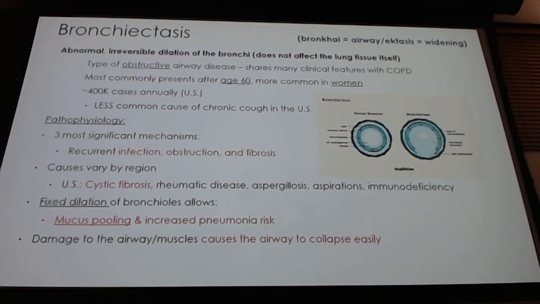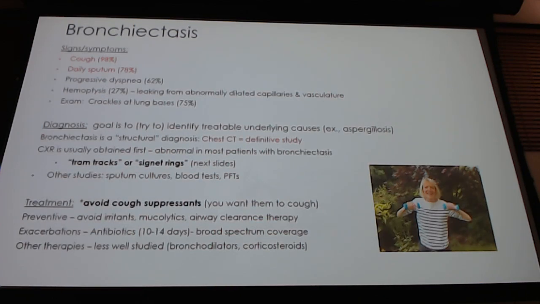So when things don't drain and they sit, like that mucky pond, not that pretty river, you get infections. You get pneumonias. And then because they're all widened and floppy, sometimes they'll also intermittently collapse. So these are the signs and symptoms: lots of coughing, lots of sputum.